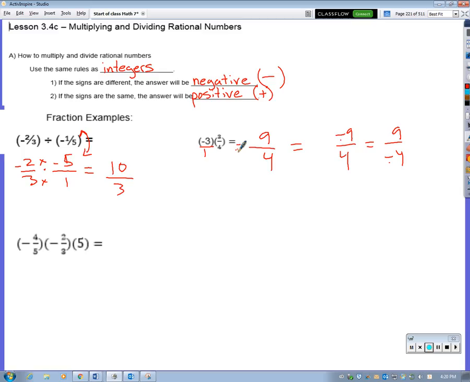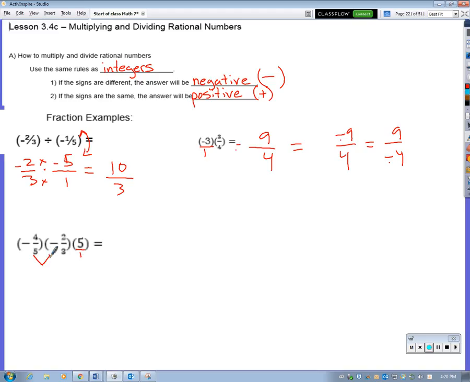Okay, moving on. Now we've got 3 numbers to multiply together. We've got a whole number here, and we can change that into a fraction by just putting a fraction bar and a 1 under it. So it's 5 divided by 1. Now there's different ways you could go about this. You could go left to right, since it's all multiplication, and deal with the first 2.